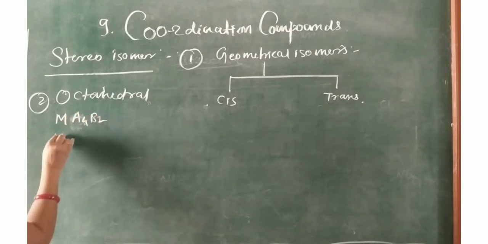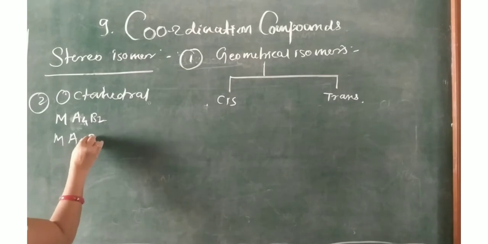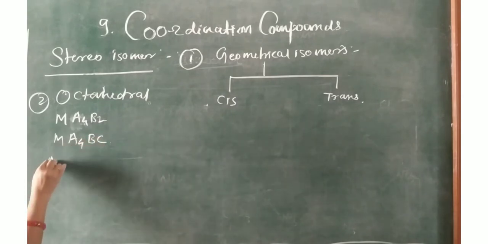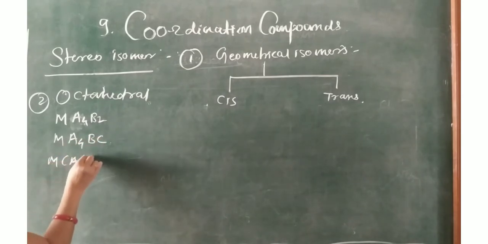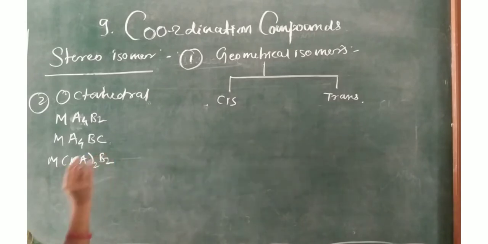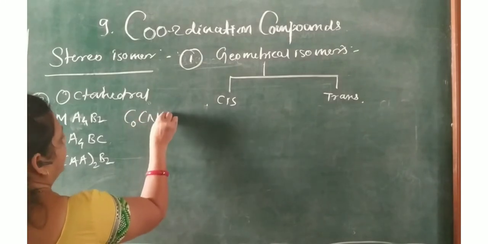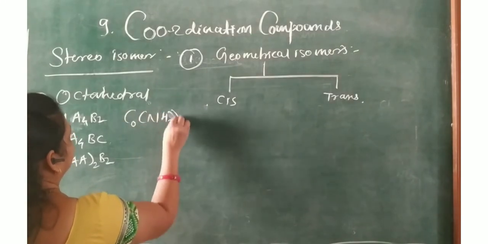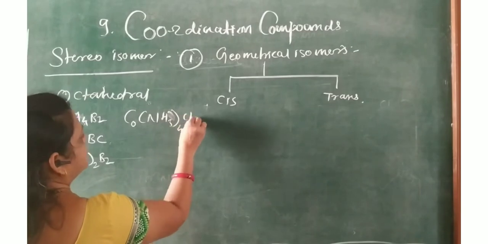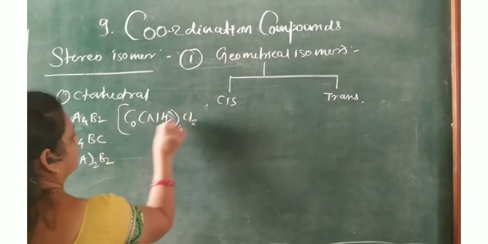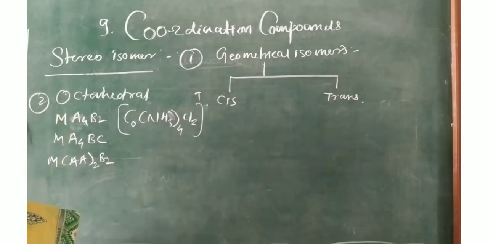Okay. So here Ma4B2, Ma4BC, Ma2B2. So here cobalt, example is Co(NH3)4Cl2.